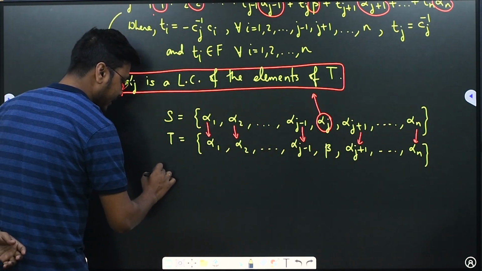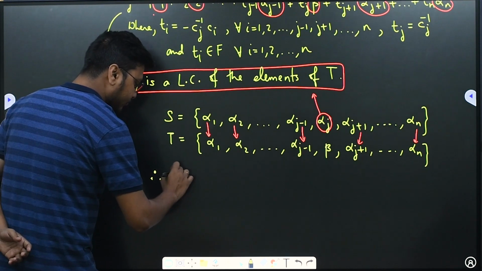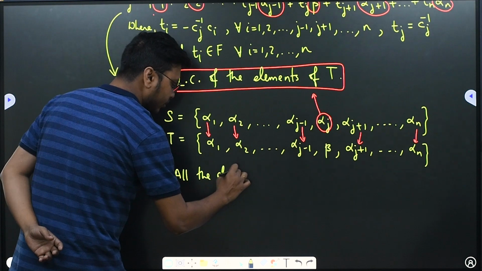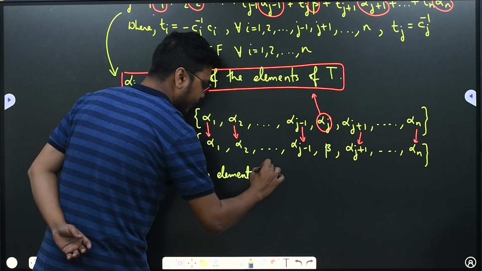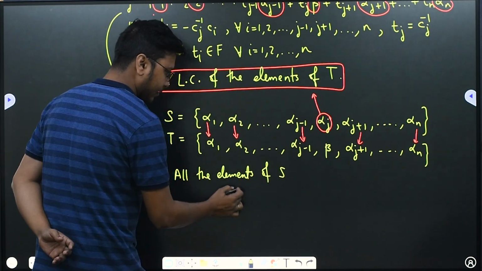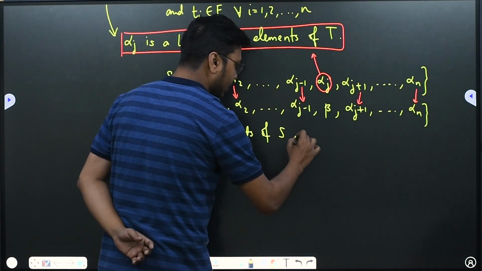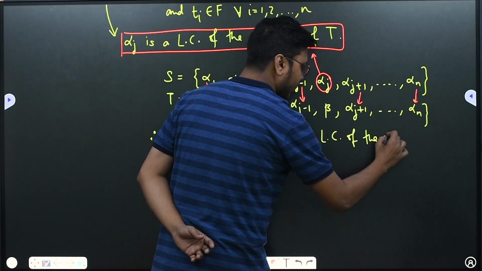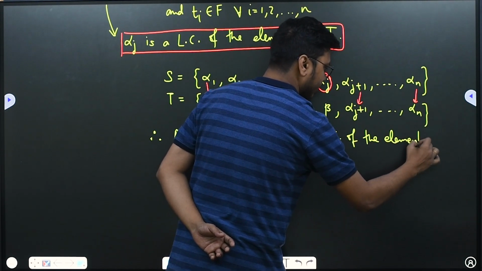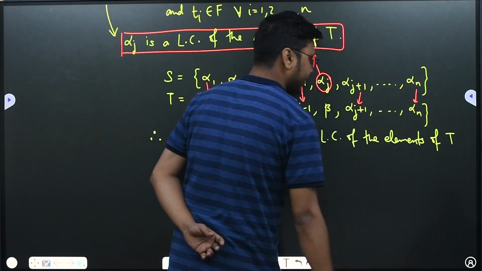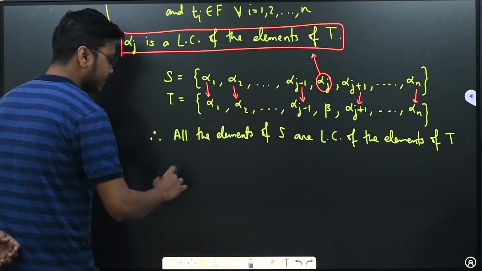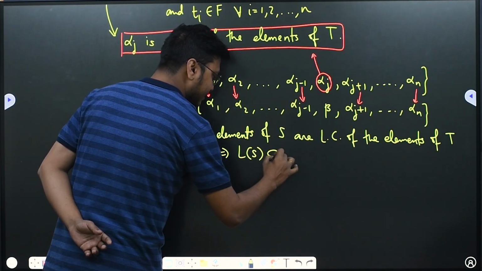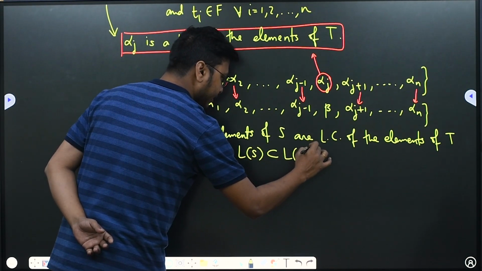Therefore all the elements of S are linear combinations of the elements of T, and this means that L of S is a subset of L of T, right?